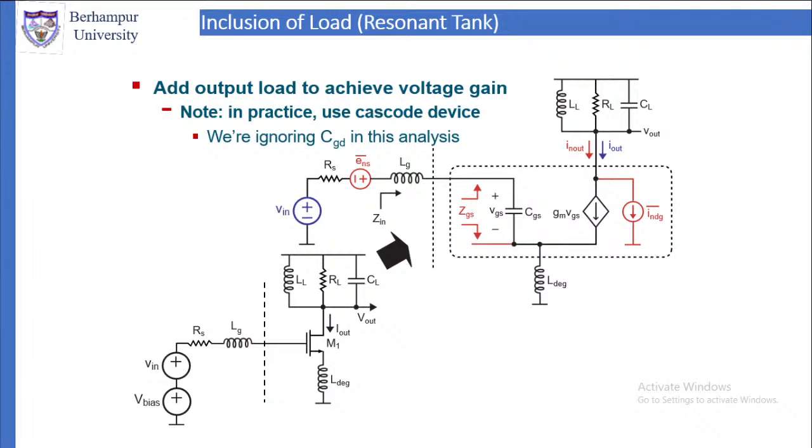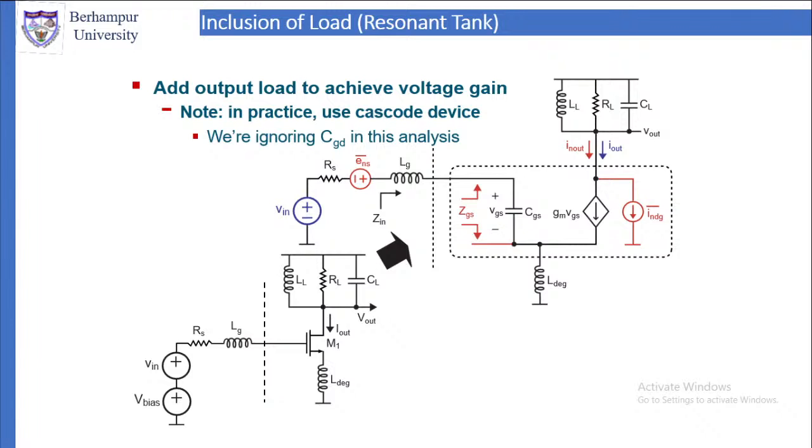Now the amplifier is to be connected to a load, because the power from the amplifier must go to a load. So on the load, the amplifier termination is on a load. So we have to include the load.